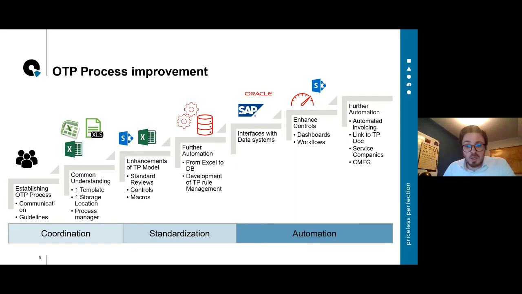But in terms of the automation, we created interfaces with our data systems to move that out of the hands of the user. You can think of dashboards and workflows that were set up to take communication out of Excel and formalize controls, like approval of transfer price, in buttons.